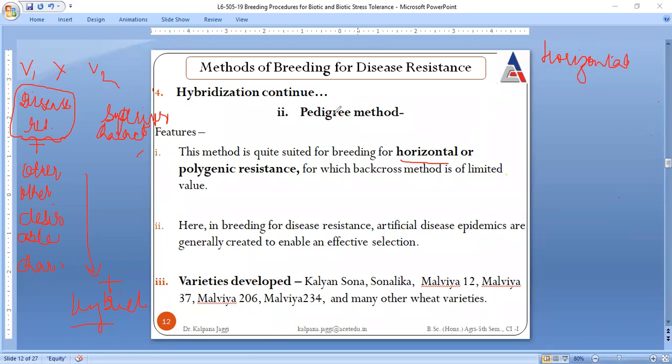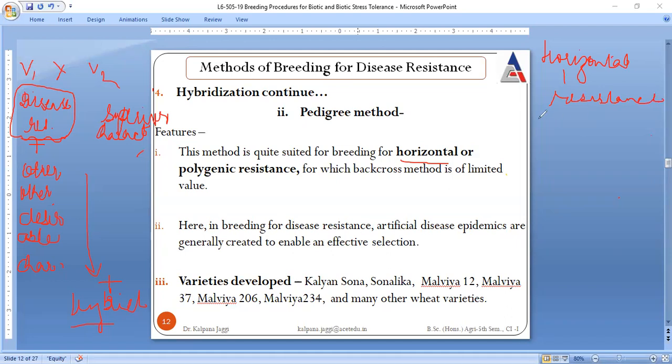Here we will talk about the pedigree method in relation to horizontal and polygenic resistance, but one must know what is actually meant by horizontal resistance. So when we say horizontal resistance, here resistance means defense mechanism, right?